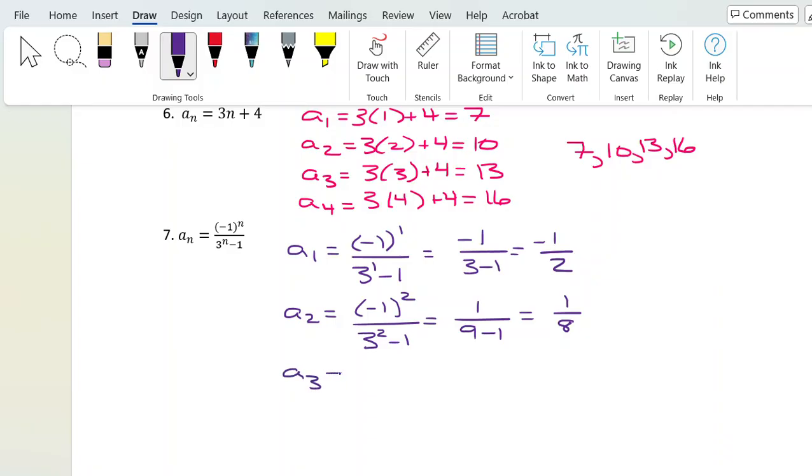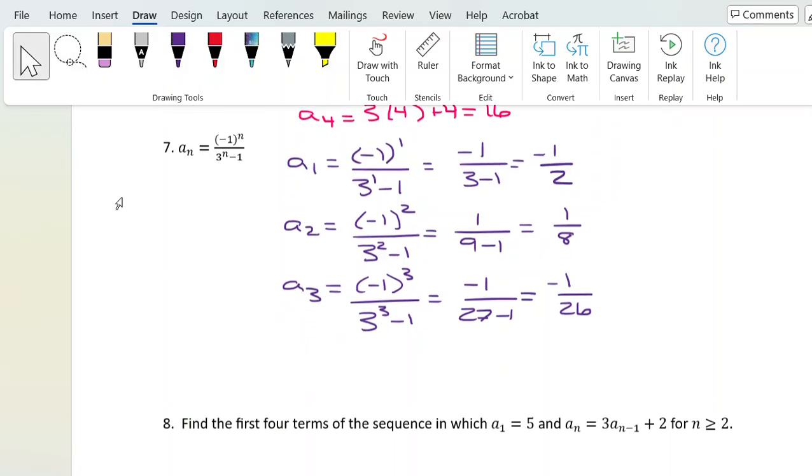For the third term, we have negative 1 to the third over 3 to the third minus 1. So that's negative 1 over 27 minus 1, which is 26. So negative 1 over 26.